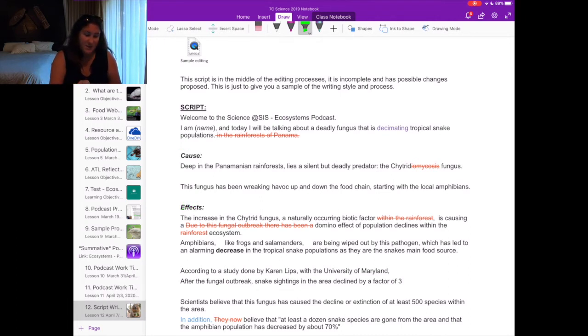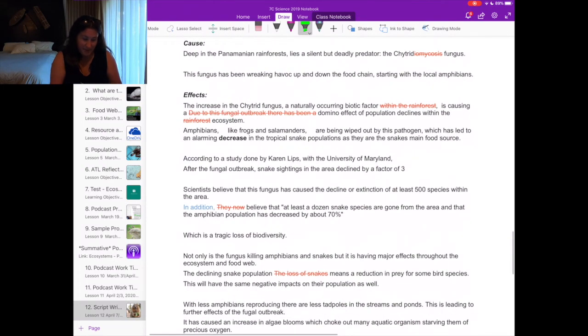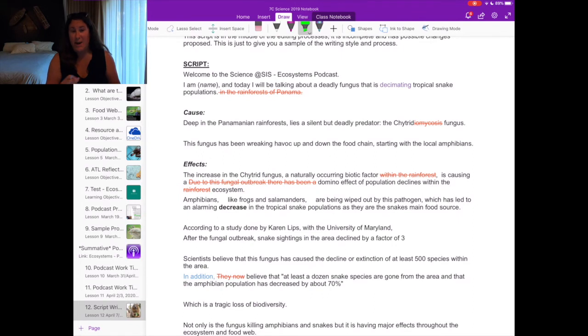They've made notes of things that they want to maybe change later, but they're not sure, so they're cutting out some stuff and they've replaced it with something else. You can do that as well. The blue is something they've added, they're just adding bits to their script. So again, this isn't finalized, this is just the process.